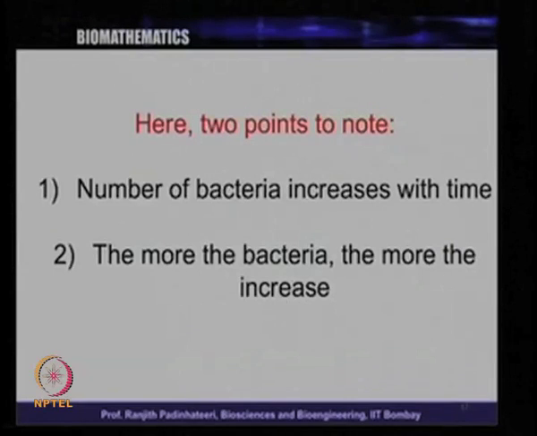That is what we were just discussing: if there are 10 bacteria, all the 10 can divide, so 10 will become 20. If there are only 2 of them, 2 can become 4, so they increase only by 2. Let us try and understand this a bit more. What do we mean by the more the number, the more the increase?